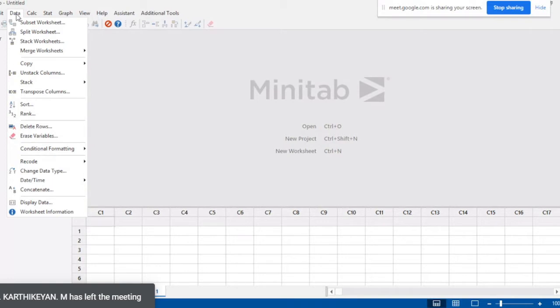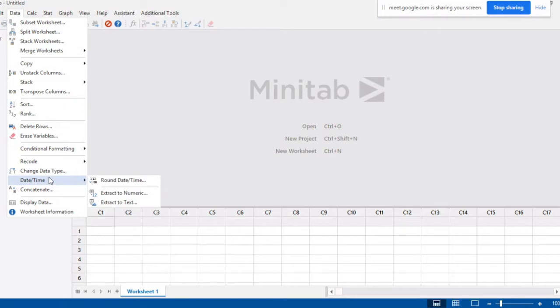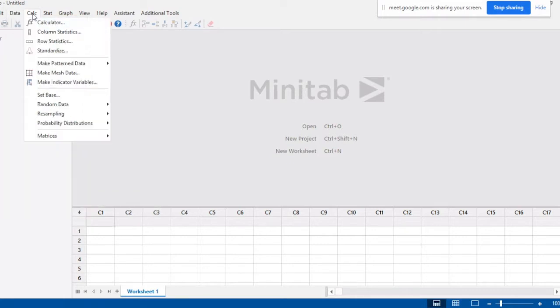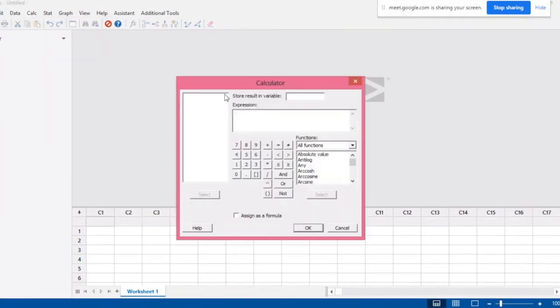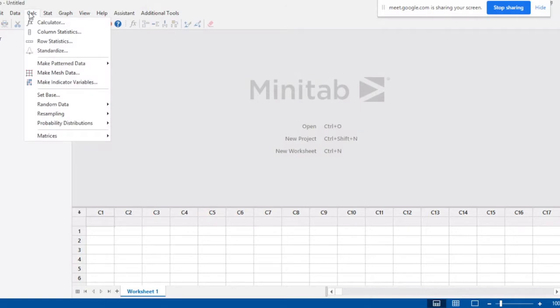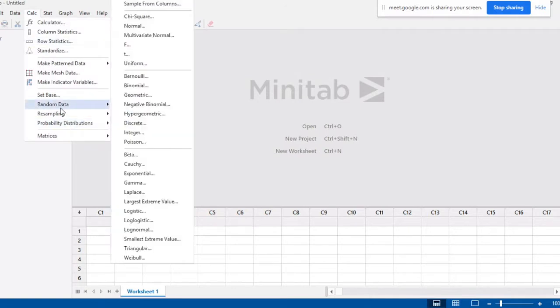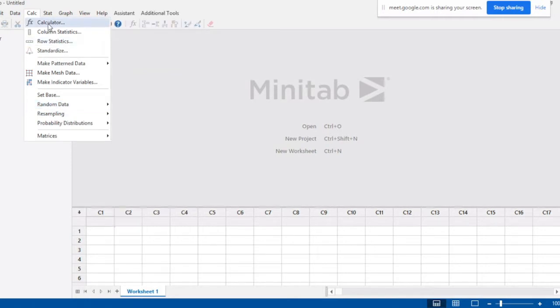In Data, you can stack the data, delete rows, change data type from text to numerical or numerical to text. In Calculator, we have a calculator similar to Excel, which you use for formulas. And here we have the option of randomly generating data. We will not go into these details.